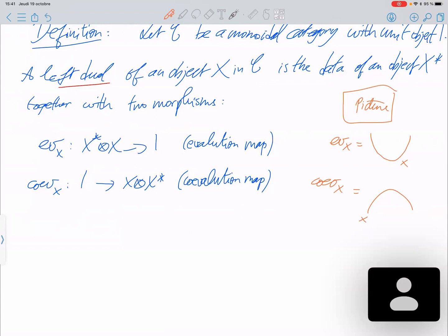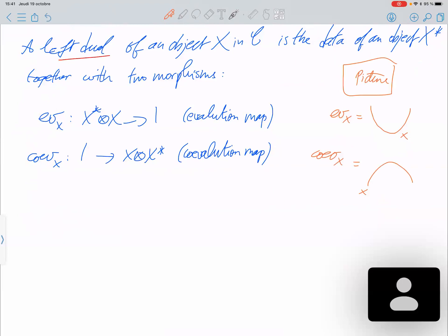So this picture is well defined. There is no confusion.